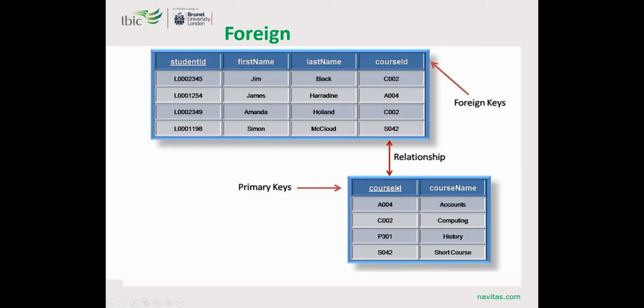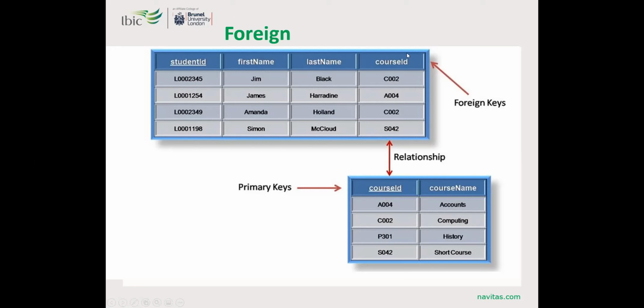But we need to find something in common between these two tables or entities to be able to provide a relationship. So we can see that the course ID is the same as the course ID you can see in here.